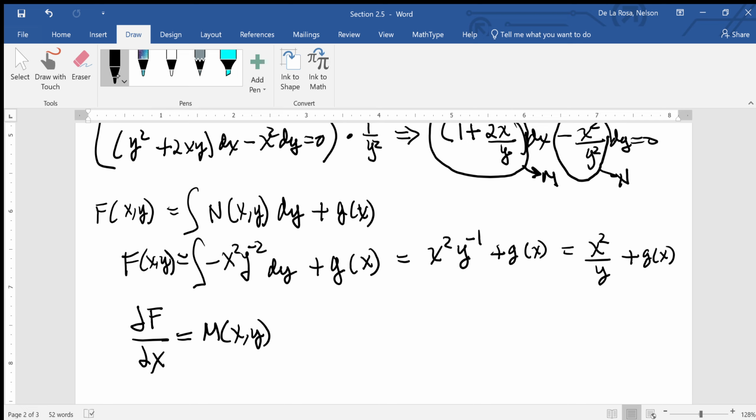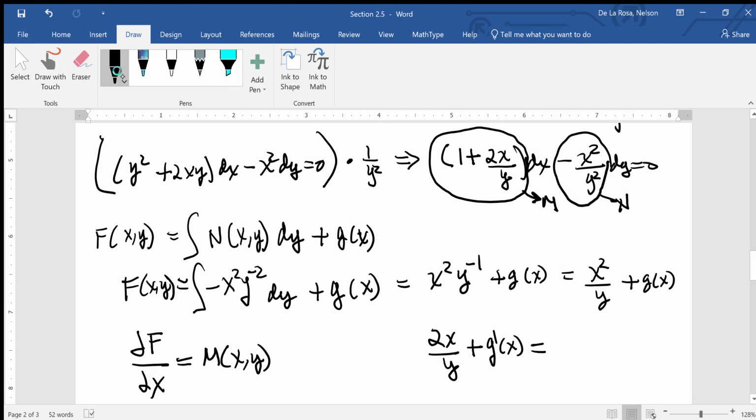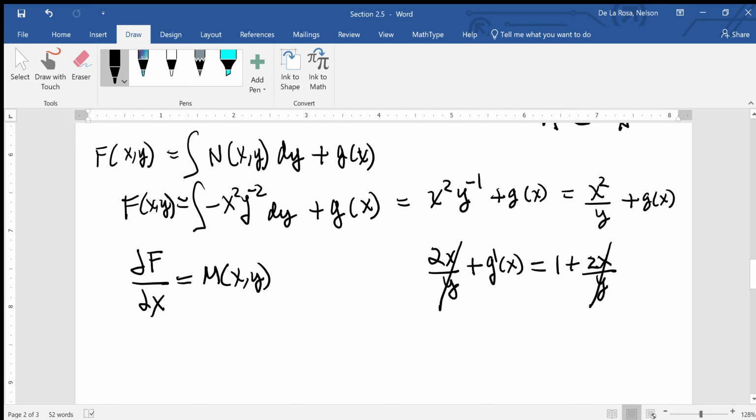So we have 2x divided by y, plus the derivative of g of x, which is g prime of x, and this is going to be equal to M, and the M is 1 plus 2x divided by y. The same term, 2x divided by y, cancels, so we have that g prime of x is 1.